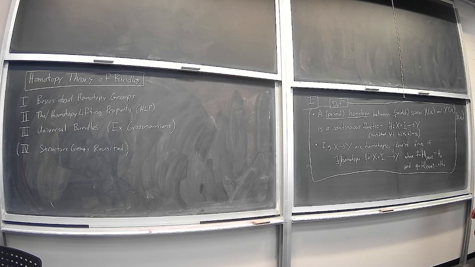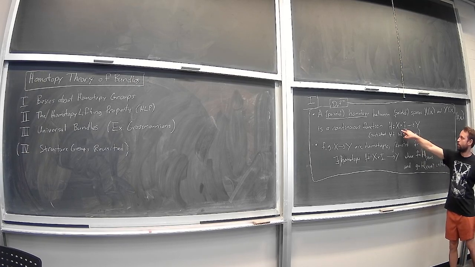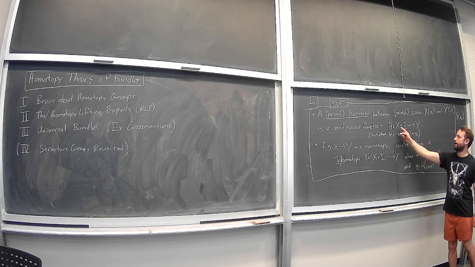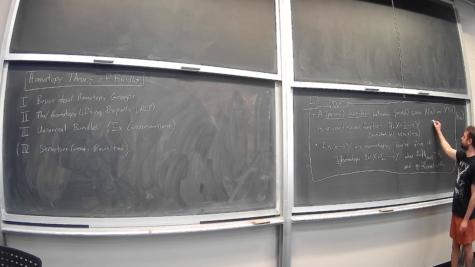And a homotopy, I like to think of it as a function defined on X times the interval. So that's a cylinder, right? Let's say this is X cross 1, X cross 0.